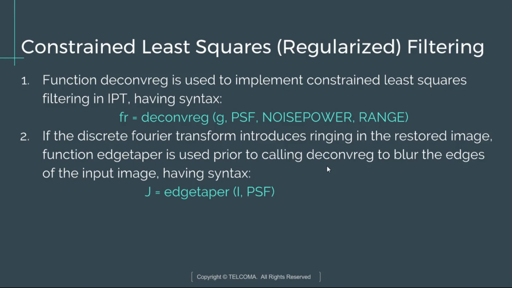The function deconvreg is used to implement constrained least squares filtering in IPT, which has the general syntax fr = deconvreg(g, psf, noisepower, range), where g is the corrupted image, fr is the restored image, noise power is proportional to the modulus squared of n, and range is the range of values where the algorithm is limited to look for a solution for gamma.